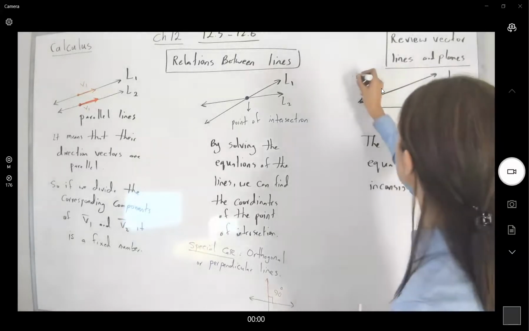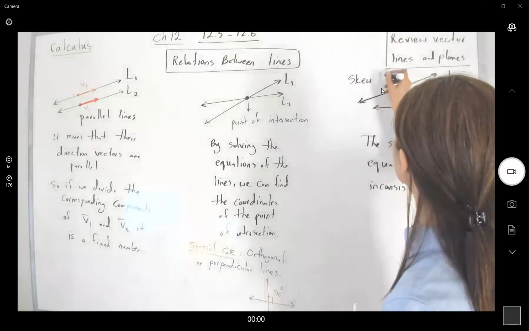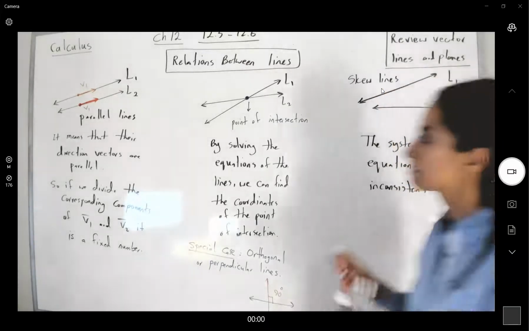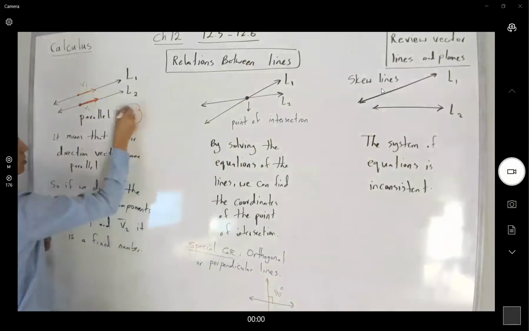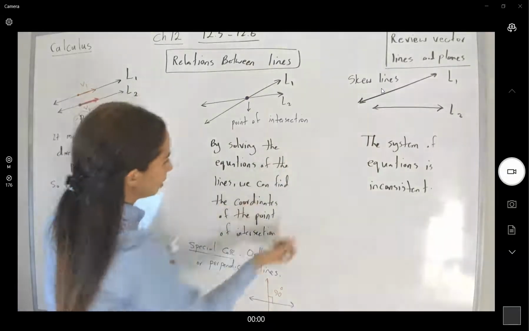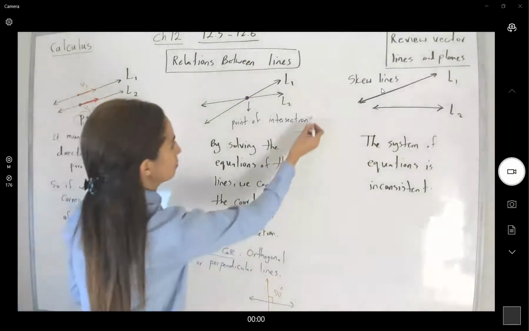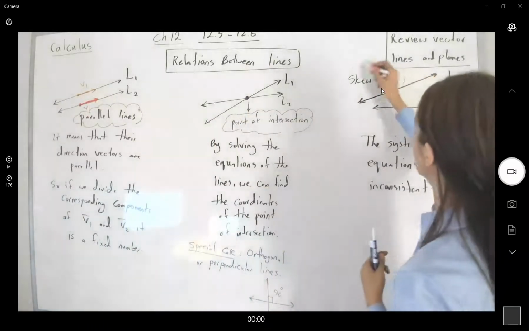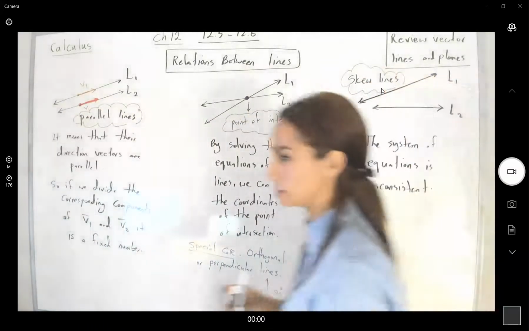In this case, we have skew lines. So parallel lines, intersecting lines, where you can find the point of intersection, and here you have skew lines.